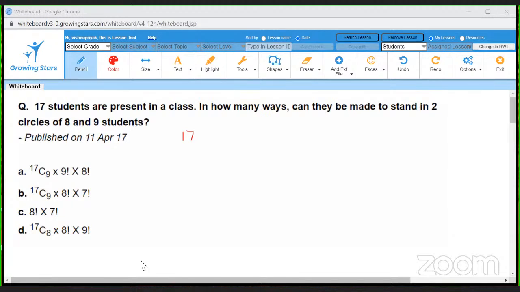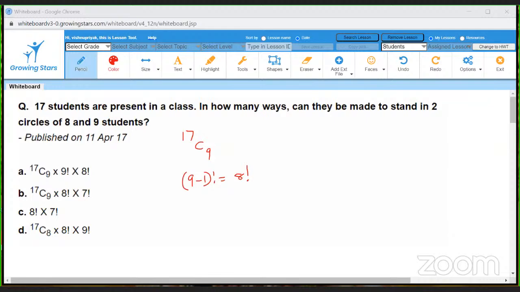That can be done in 17C9 ways. After that, arrange these 9 students in a circle. So that can be done in 9 minus 1 factorial ways. That is 8 factorial ways they can be arranged in a circle. This is the formula.